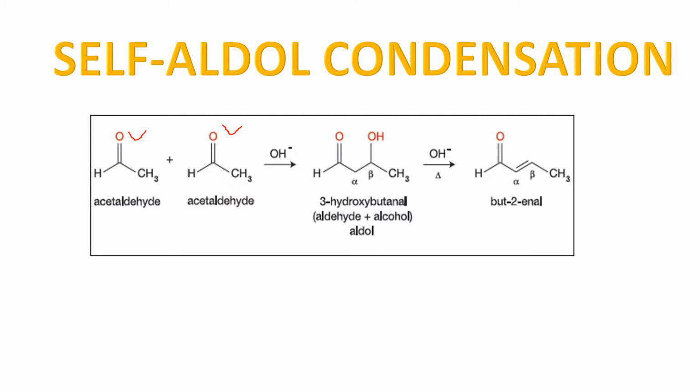Now just see, acetaldehyde with another acetaldehyde in the presence of a dilute solution of a strong base produces an aldol product which undergoes dehydration and forms unsaturated aldehyde. This is self-aldol because two molecules of the same type are undergoing addition reaction and forming an aldol product which is undergoing dehydration and producing unsaturated aldehyde.